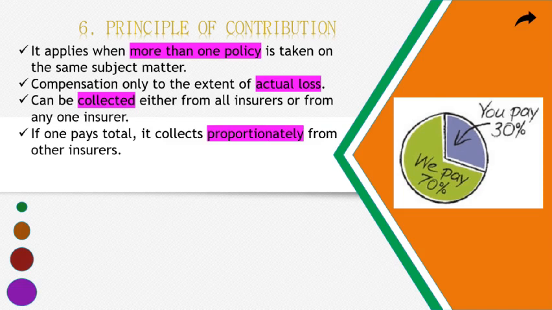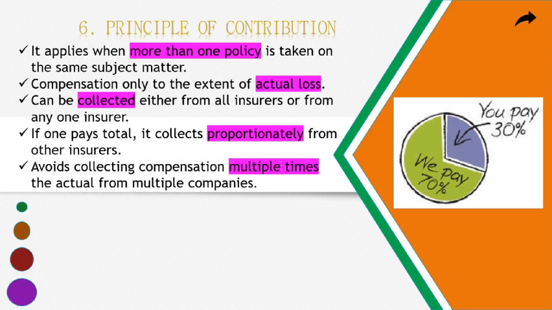If the compensation is totally paid by one insurer, then he will collect the remaining benefits from the other insurers proportionately. It avoids collecting compensation multiple times the actual loss from multiple companies.